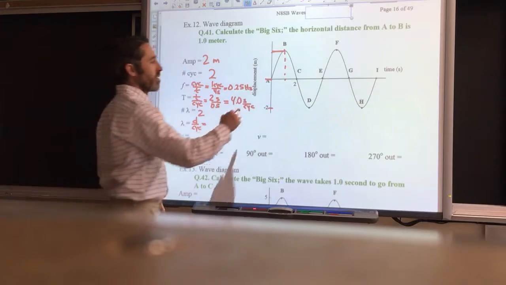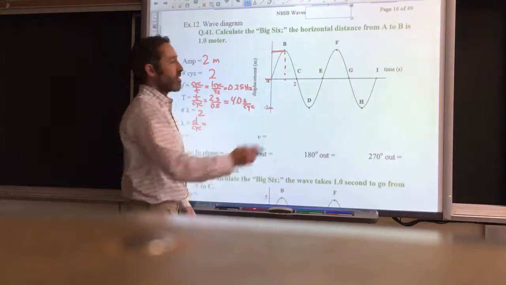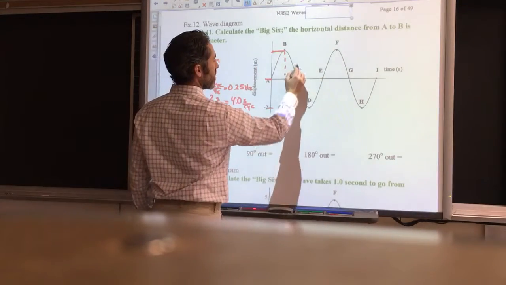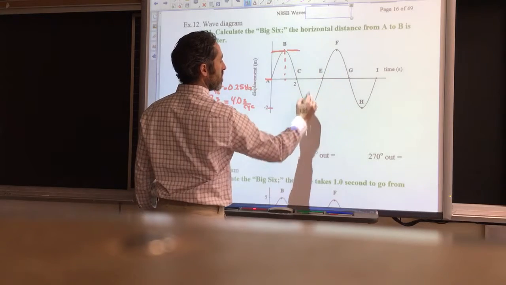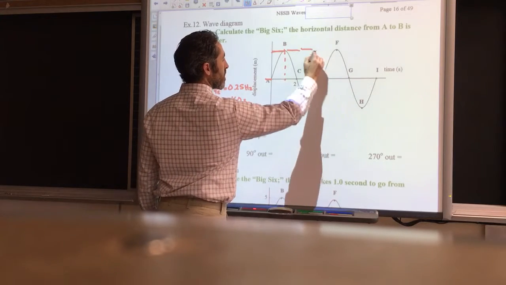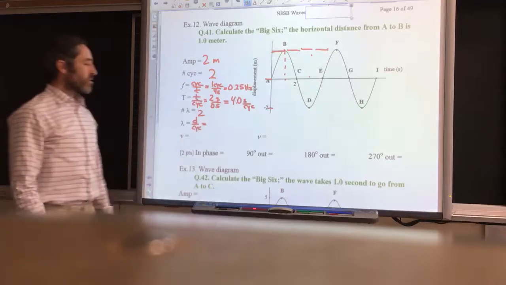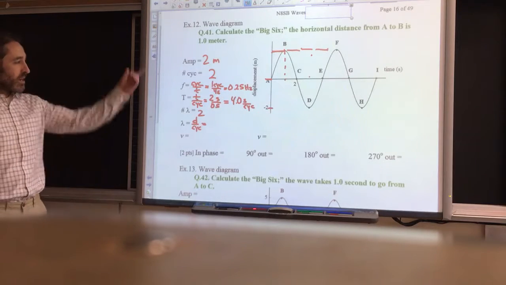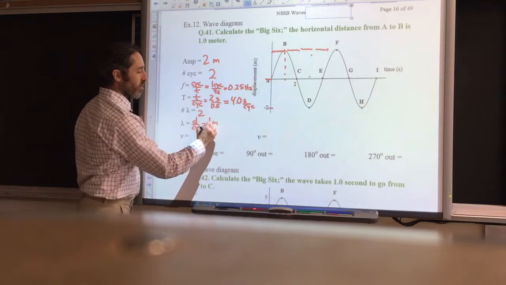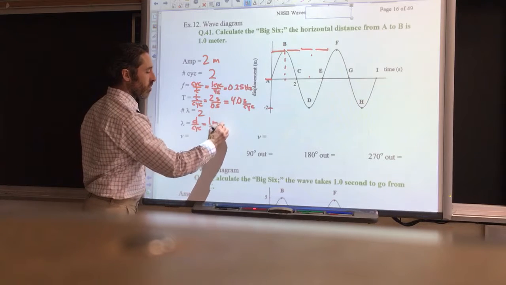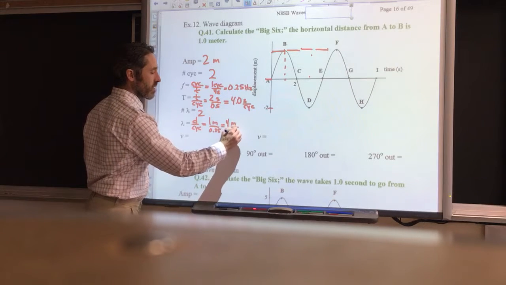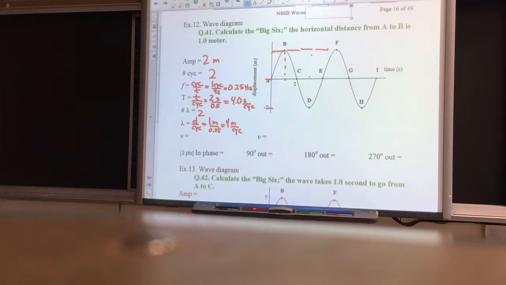Okay, so you went all the way over to here, right? So you went 1 to here would be 2, to here would be 3, to here would be 4. So you did 4 meters over 1 cycle. That's good. Heck, you could have done 1 meter over quarter cycle. No matter what, you get 4 meters per cycle as your wavelength. Good?